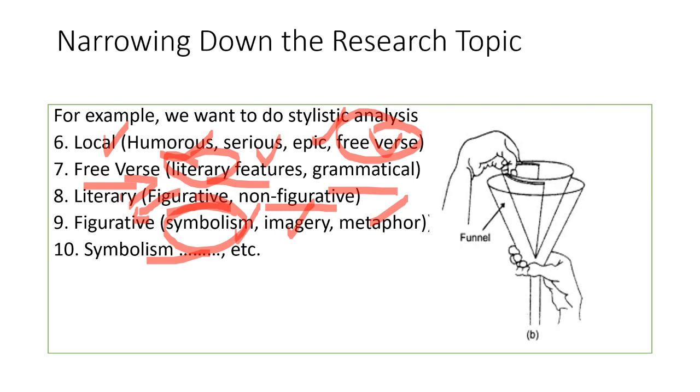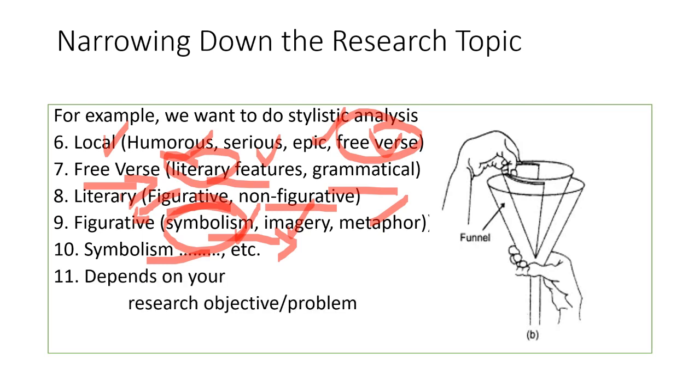If the text is smaller, then we may select one or two things, and if the text is larger, then we'll have to stick to a specific one. All this depends on our objectives and research problems, on what we aim to find and what we want to get at the end of the research.